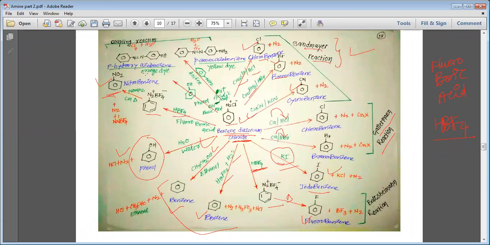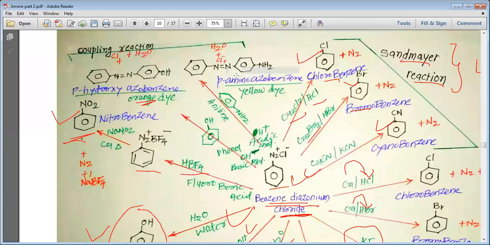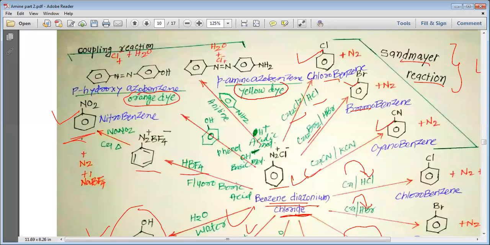Now, my dear students, when this benzene diazonium chloride reacts with some compounds, they give us dyes. So you can see here that we can get an orange dye and a yellow dye. When benzene diazonium chloride reacts with aniline, it gives us para-aminoazobenzene, which is a yellow dye.